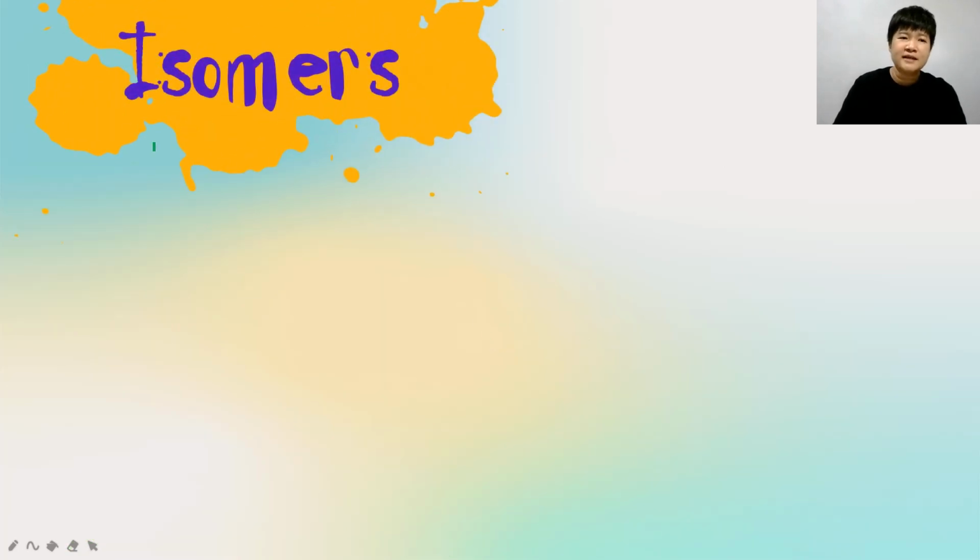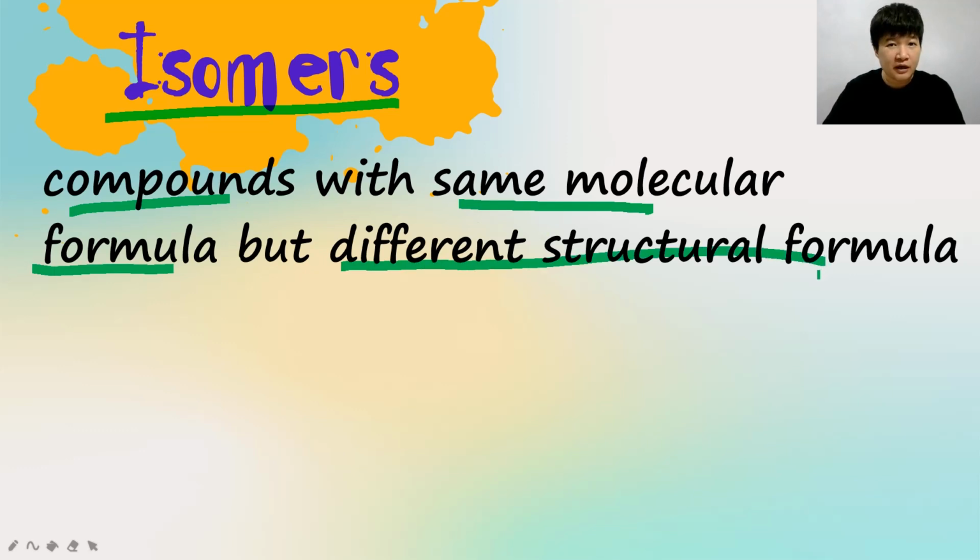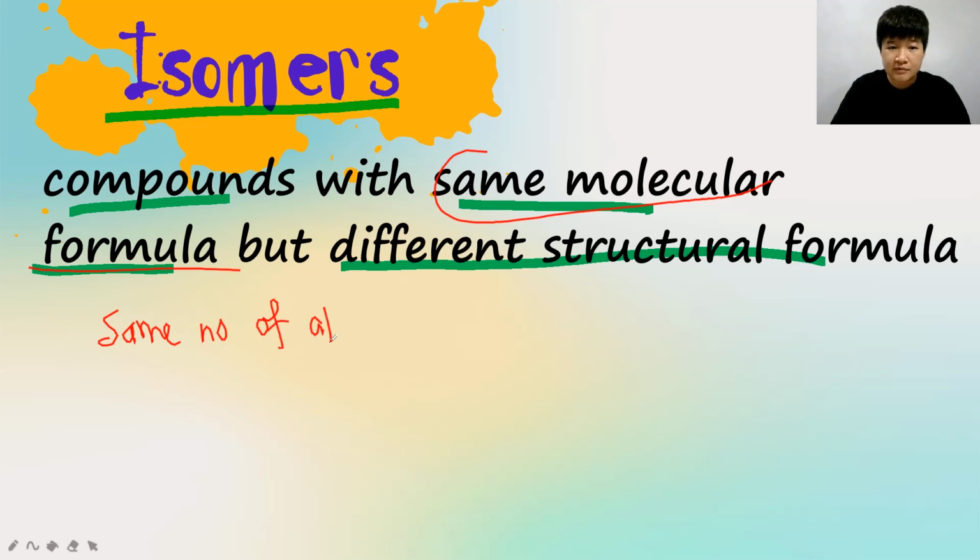So, what actually are isomers? Isomers are compounds with the same molecular formula but different structural formula. What does this sentence actually mean? What do we mean by same molecular formula? Same molecular formula means that you are going to have the same number of atoms.